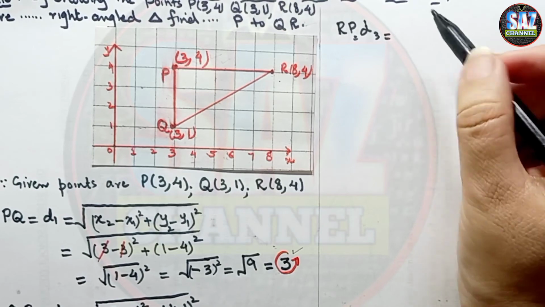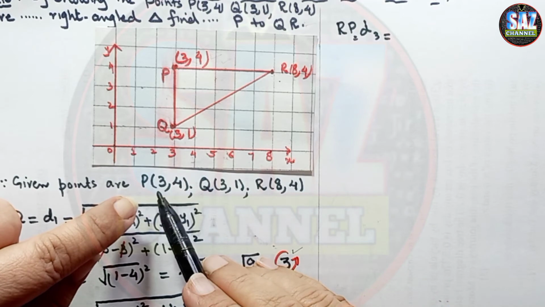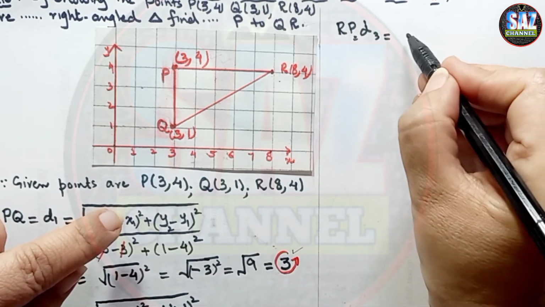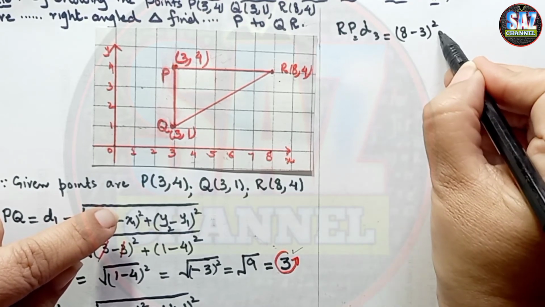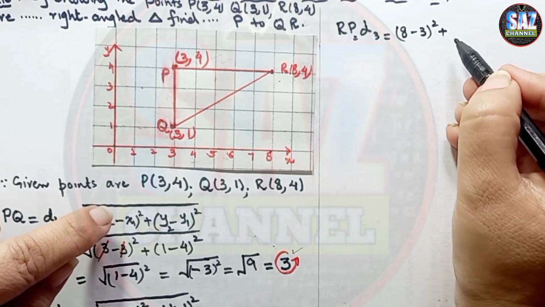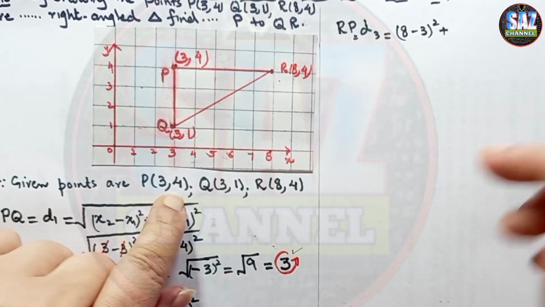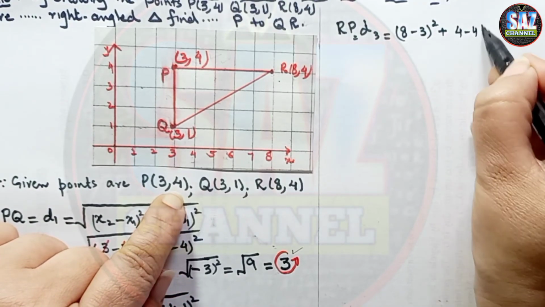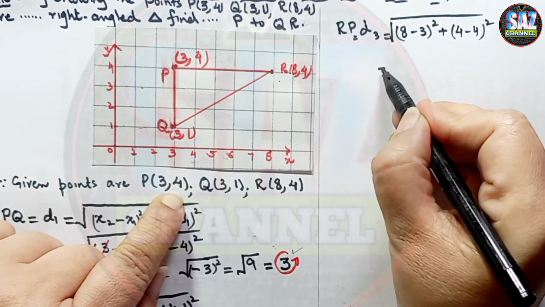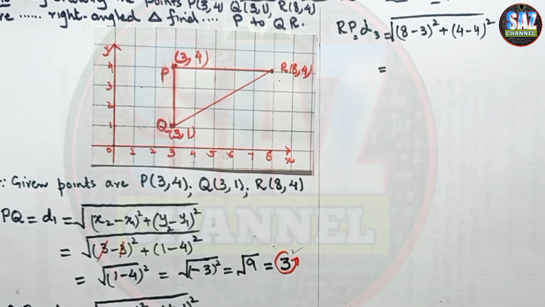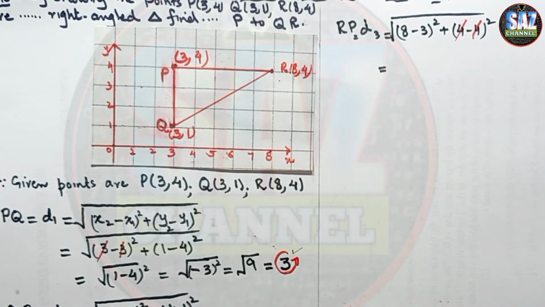And again I have to see RP, x2 minus x1, 8 minus 3 whole square, plus 4 minus 4 whole square, and then I have to put the square root symbol here. And again we can see that 4 minus 4 can easily be cancelled. We have to simplify the numbers or expressions if we can.